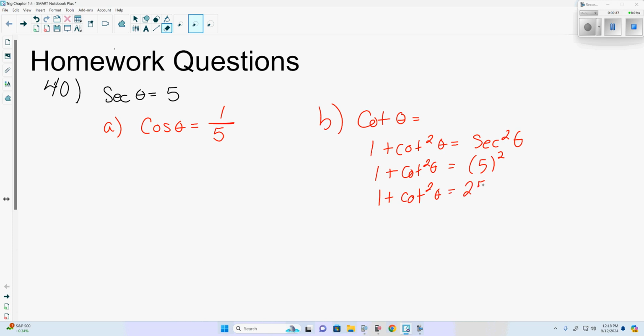Five squared is 25. Square root both sides, telling us that cotangent of theta is equal to the square root of 24, which should be 2 square root of 6.